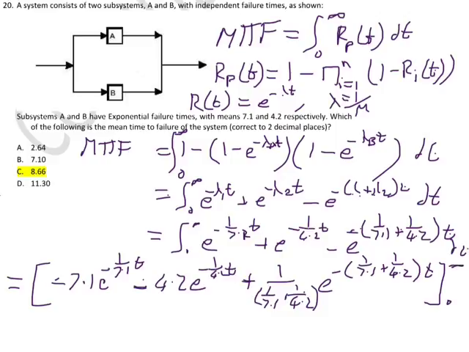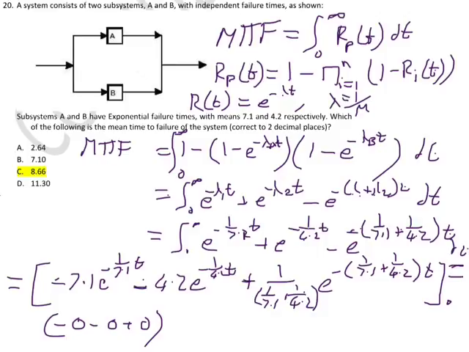Thankfully most of this just goes away, so the actual calculating bit you don't even need a calculator for. Why is that? Because we've got negatives in all of the exponents, so when we take the infinity part, we end up with minus 0 plus 0. So this is minus 7.1 divided by e to the infinity, essentially.